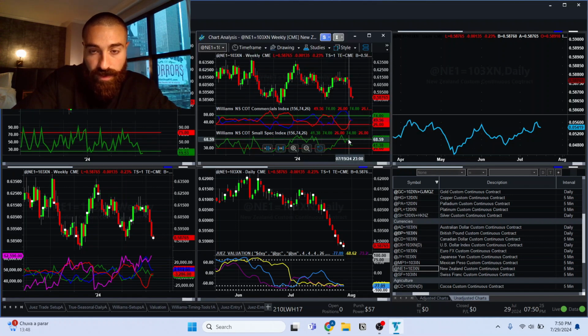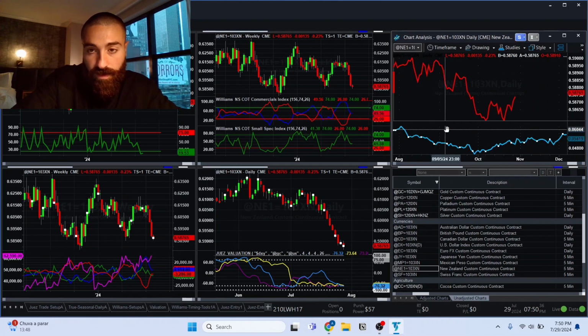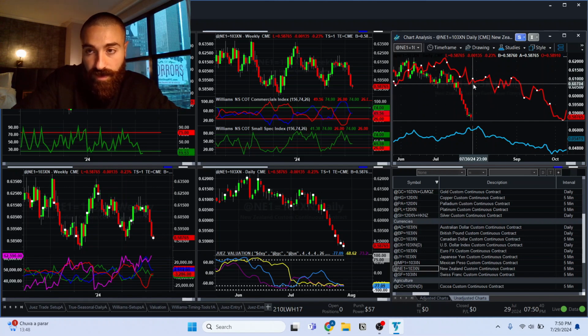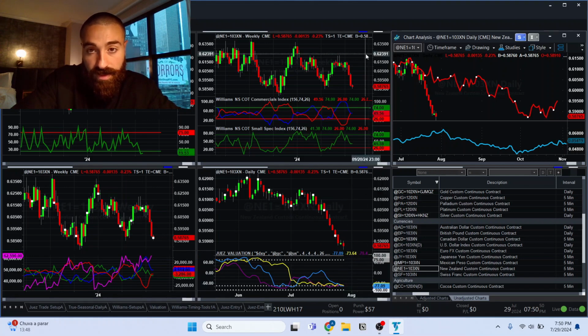The COT, I don't think it's ready yet to make the upper move because it has been very bearish, but it will be ready. I would not buy New Zealand definitely. The cycle forecast is still showing a bearish move. The season is still showing a bearish move. I would wait a little bit more, maybe to see the valuation go higher. Then I will sell again. We will see, but for now, I would not trade it. I would basically skip this trade.